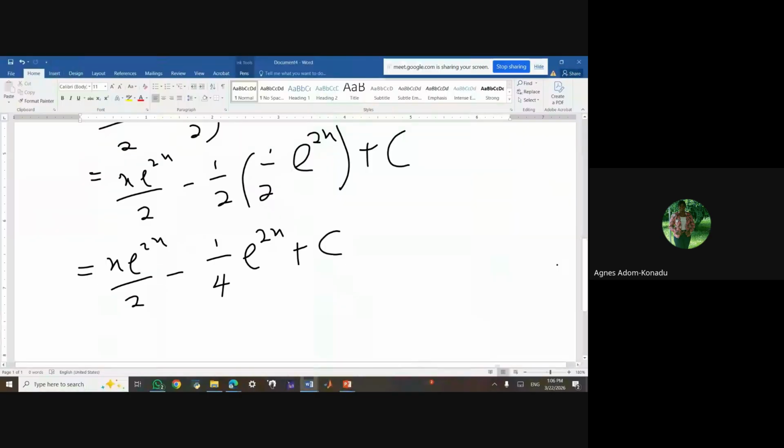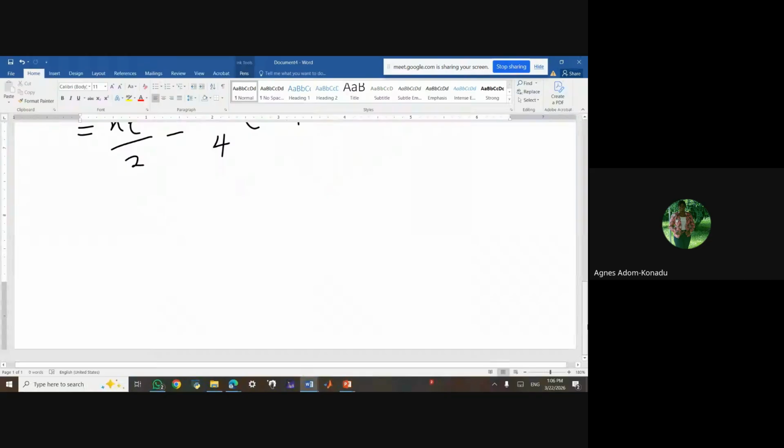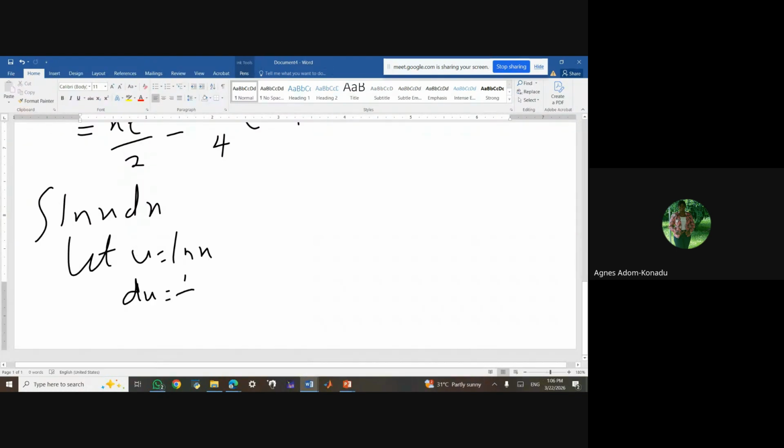Okay, so let me just write. So I want to integrate ln x dx. I will let my u be equal to ln x, so that du will be equal to 1 over x dx. Then my dv will be equal to dx, so that when I integrate both sides, I'm going to get my v to be equal to x.